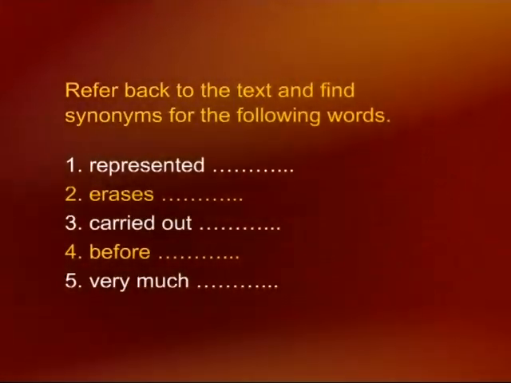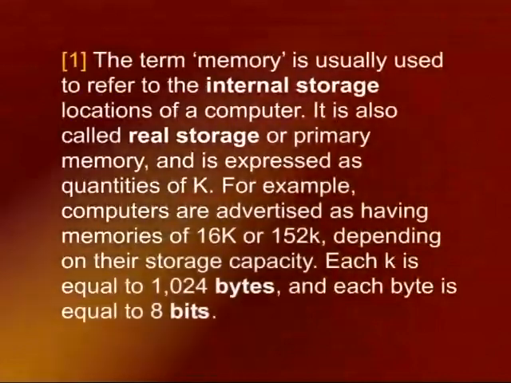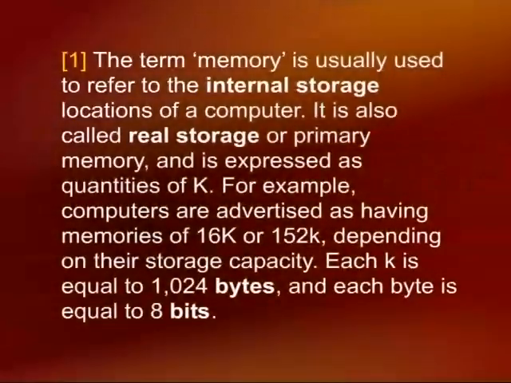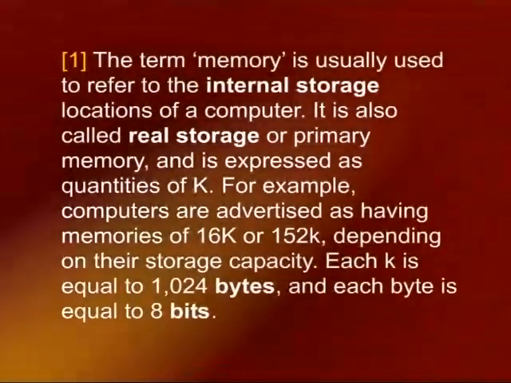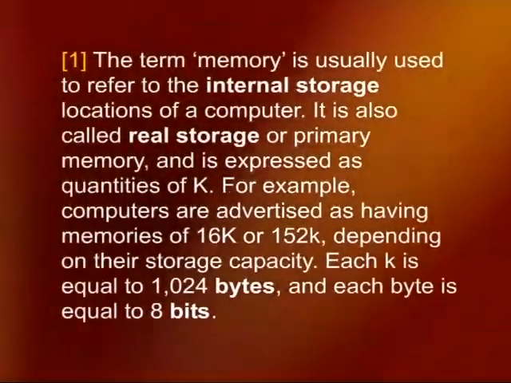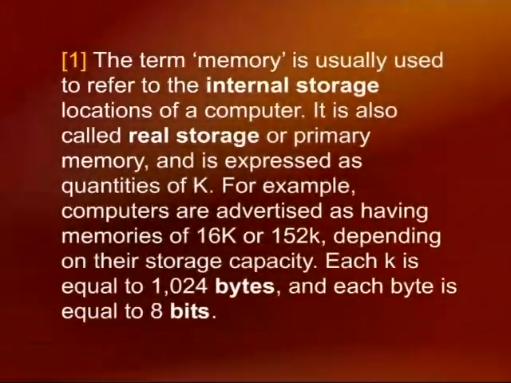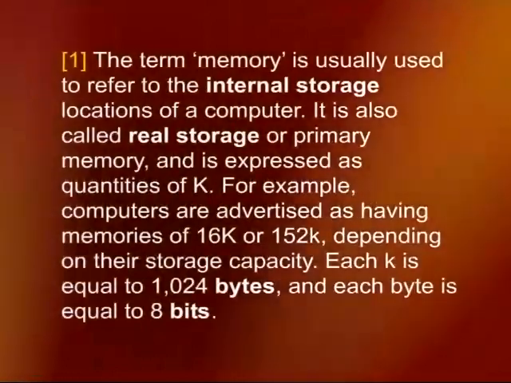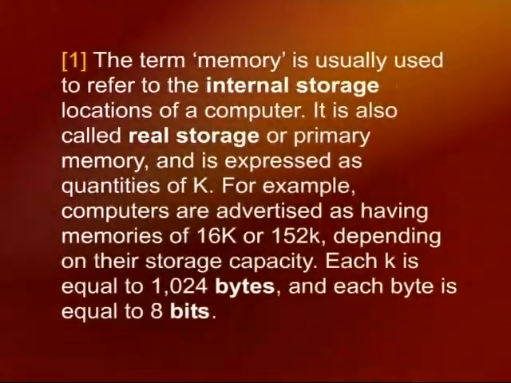Now you refer back to the text and find the synonyms, words that are more or less the same in meaning. There is a word in paragraph 1 which is the same in meaning as the word represented. Can you locate the word which means the same as represented? And it is the word expressed.